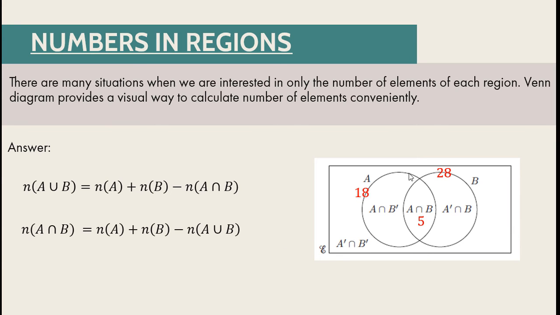Here I will give you some example. The number 18 indicates that there are 18 elements in the circle A. The number 28 indicates that there are 28 elements in the circle B. And the number 5 in the middle of this section means that the overlapping region has 5 elements.